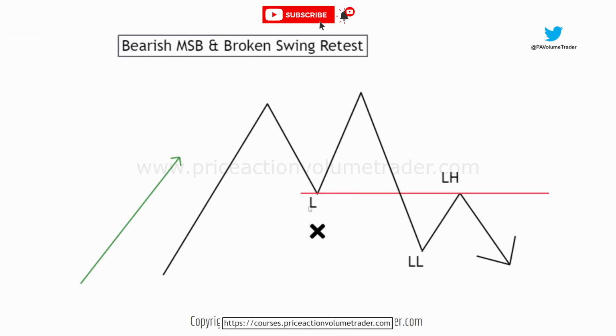The basic principle, again, is that we're talking about bearish market structure breaks and the two possibilities we're looking for. Either a break and a broken swing retest, meaning we pull back into the broken swing level, but this gives us a wider risk area, so we need to be clear on where to define our risk if we're going to go short.